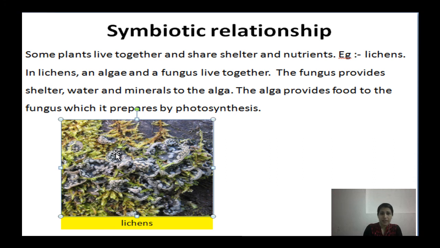The fungus provides shelter, water and minerals to the alga, and the alga provides food to the fungus which it prepares by photosynthesis. So both of them benefit each other. This type of relationship in which both live together and benefit each other is called the symbiotic relationship.